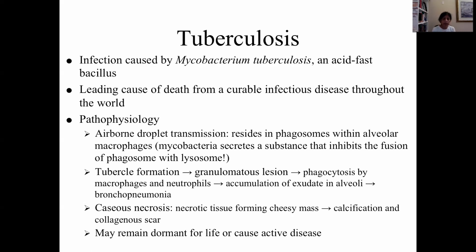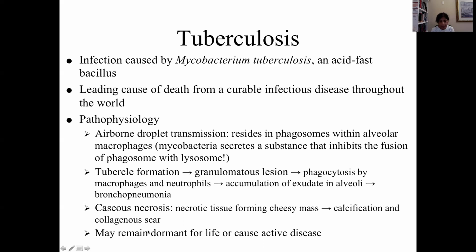All right? Caseous necrosis is very classic of tuberculosis. That is the cheese-like tissue that appears within the lung that is affected. The lobe with the infection is cheese-like.